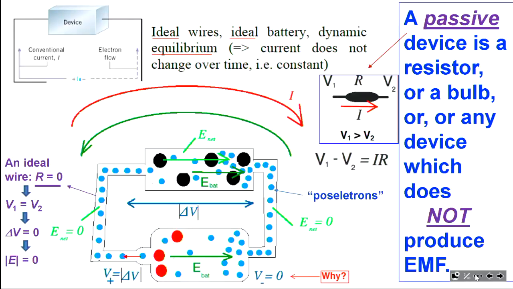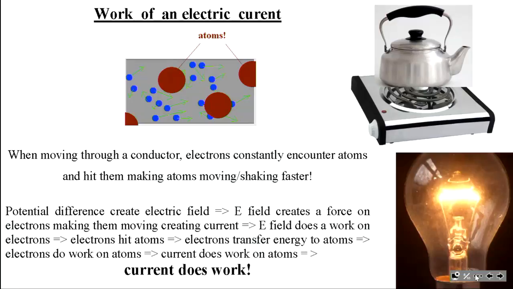And of course, electric current does work. We use it every day, at home, at work, everywhere. First of all, the source of that energy comes from the battery. It's the only energy source in any circuit. EMF, those little demons, chemical reactions, represent the source of the energy.